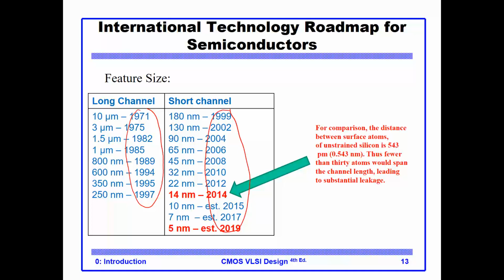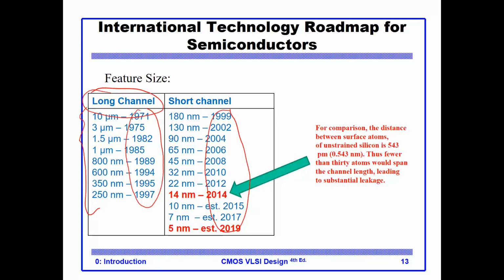It's actually the channel length, but let's just take it right now without any details. When the feature size was a quarter of a micron or more, we refer to these devices as long channel.